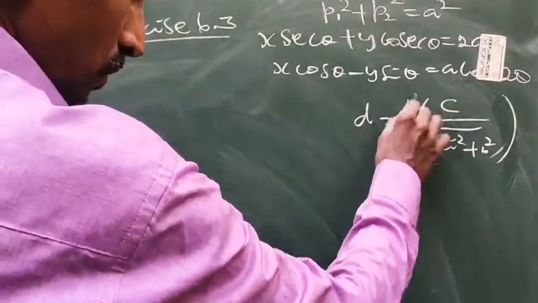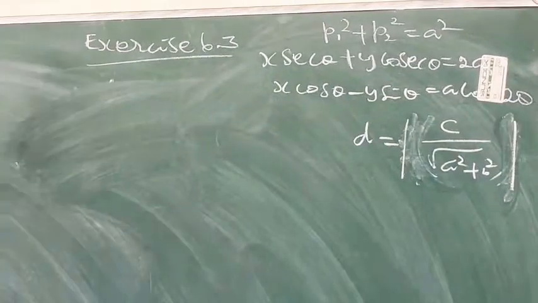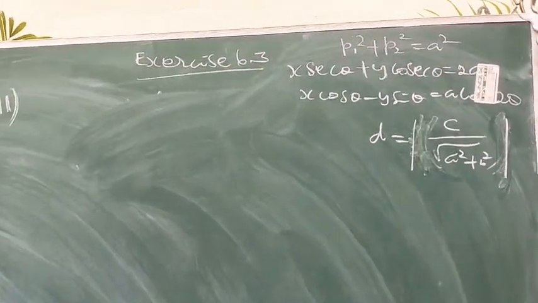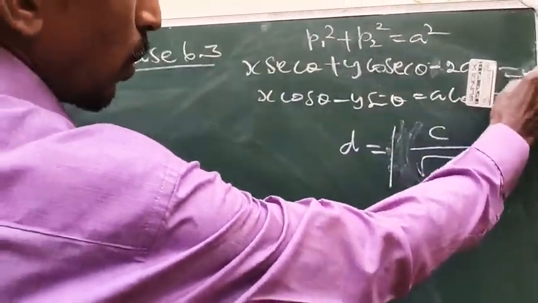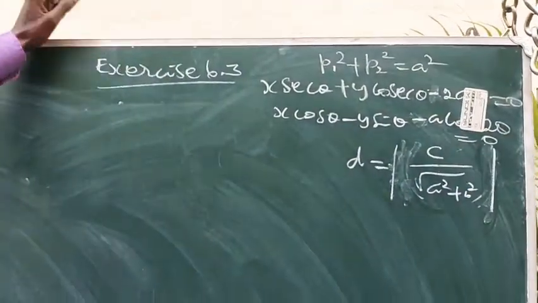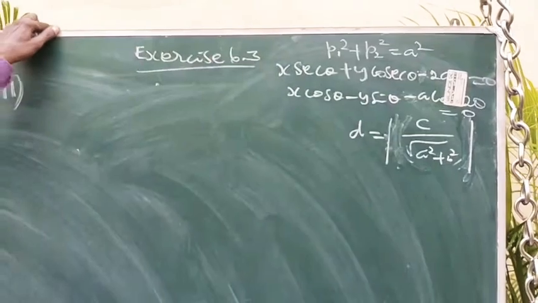So modulus of c by root of a square plus b square. So here we have to rewrite this first one. Change the side, it becomes minus 2a equal to 0, and here also minus a cos 2 theta equal to 0. So write it in the form of ax plus by plus c equal to 0.